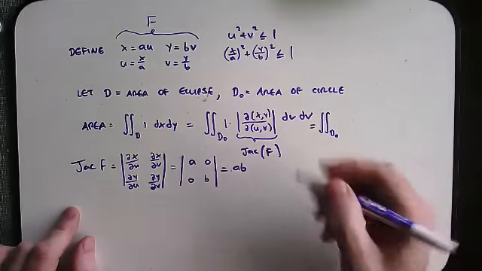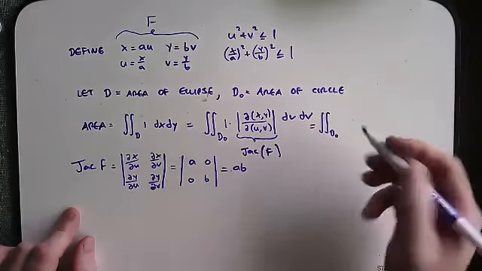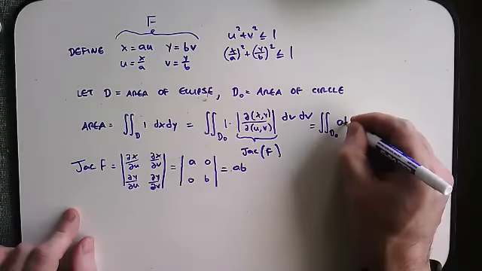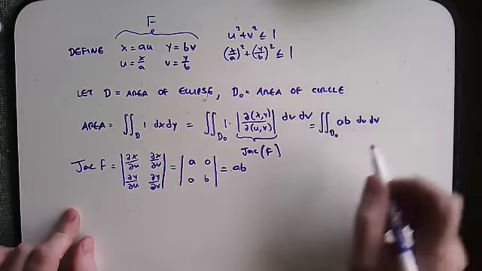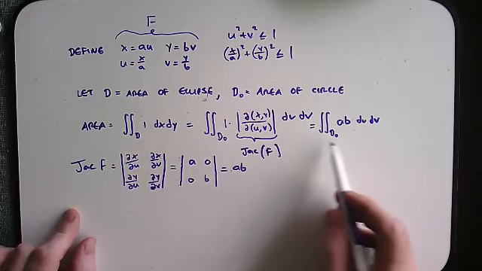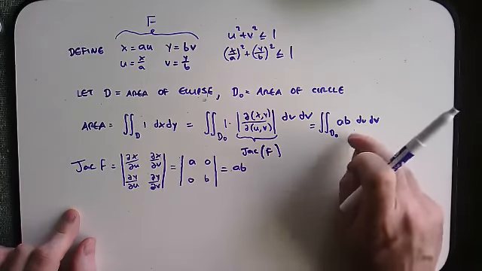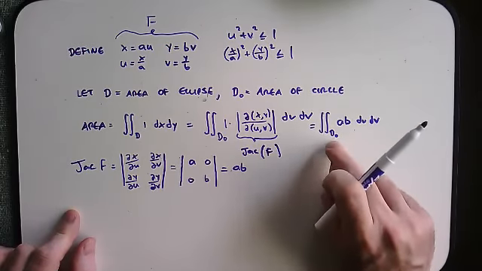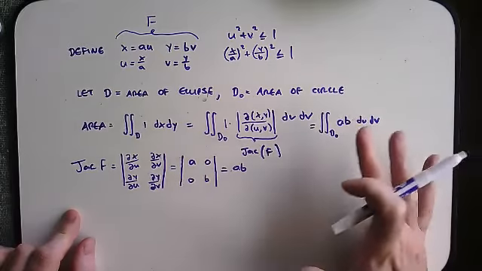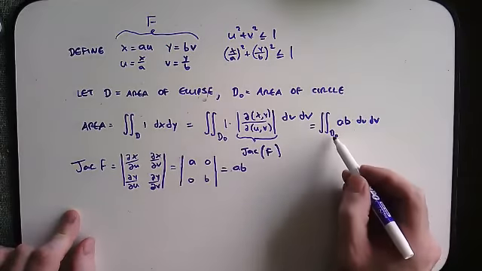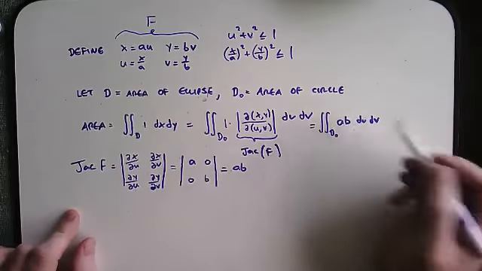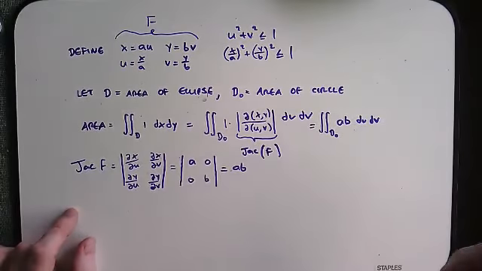And we've determined that the Jacobian is ab, so 1 times ab is ab, du dv. What this integral represents is just a region D sub 0, which we don't really need an integral to evaluate. We know the area of that region. That's just the unit circle times ab. And that's pretty much it right there.